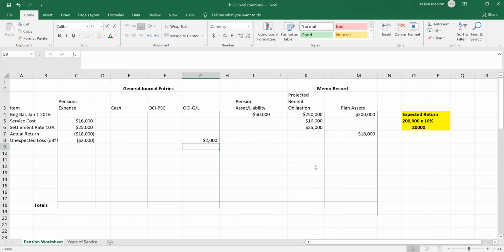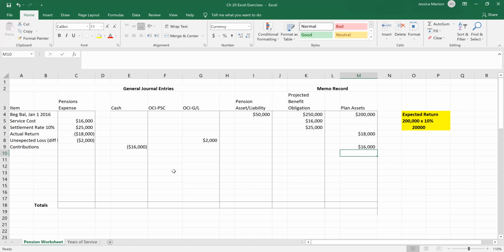The next thing that they give us, contributions. So we have contributions in 2016 of 16,000. Remember, contributions decrease our cash because that's money we're contributing to the plan. So it decreases our cash and increases plan assets. All right.